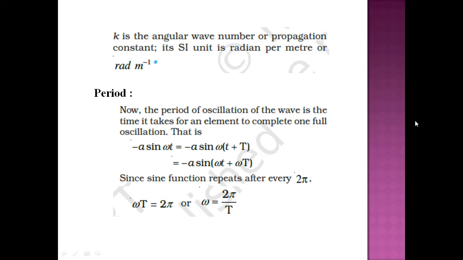They will both be in phase, and capital T represents the time after one full oscillation. The sine function repeats itself after every angle 2 pi. So omega T equal to 2 pi, or omega will be equal to 2 pi by period.